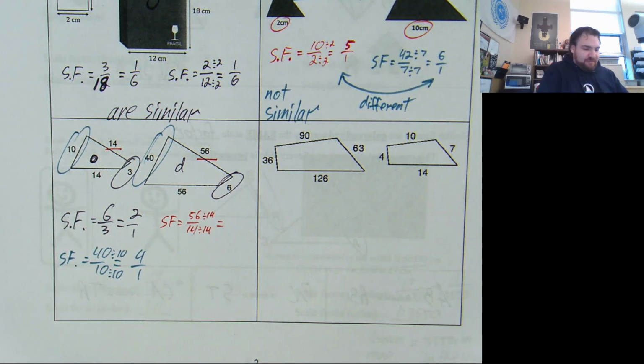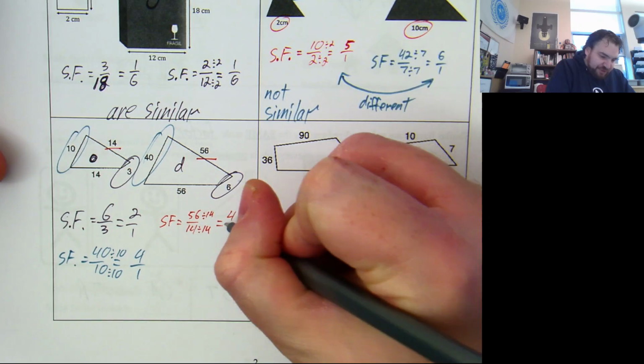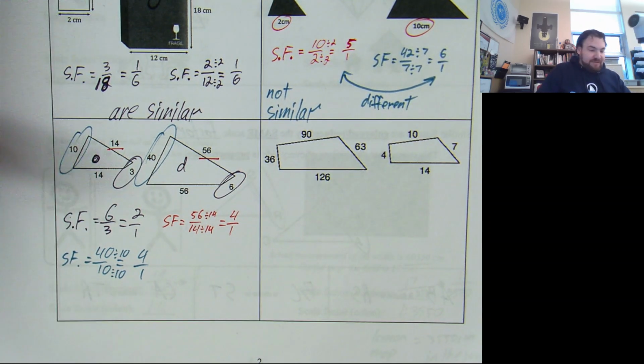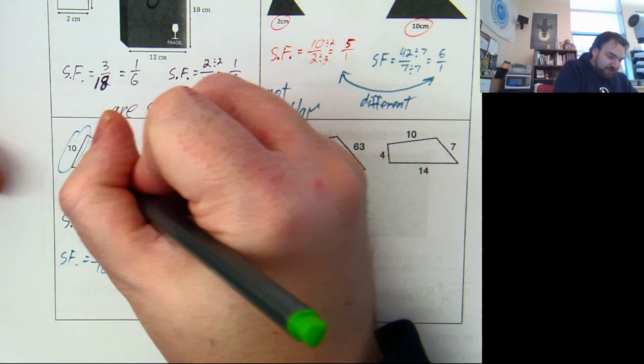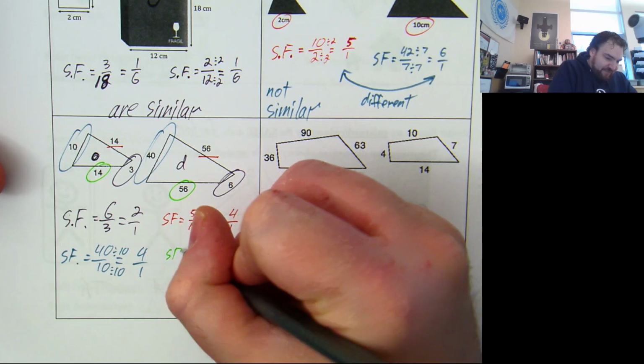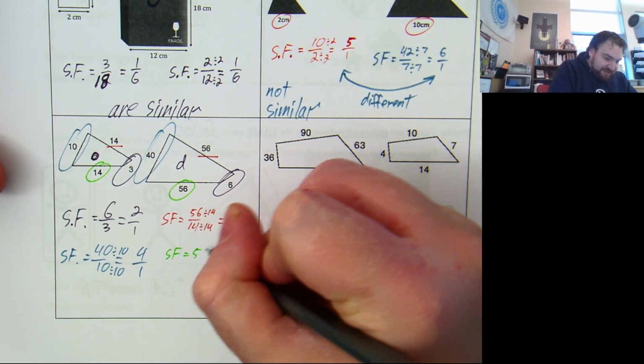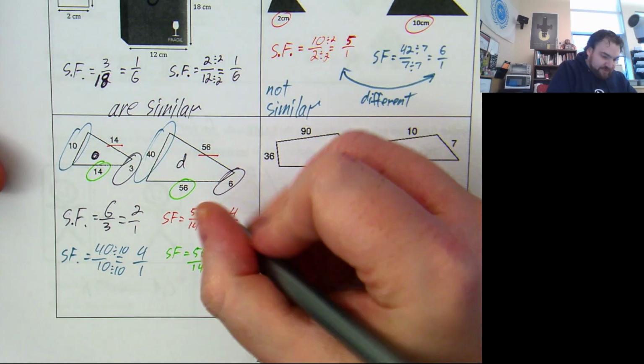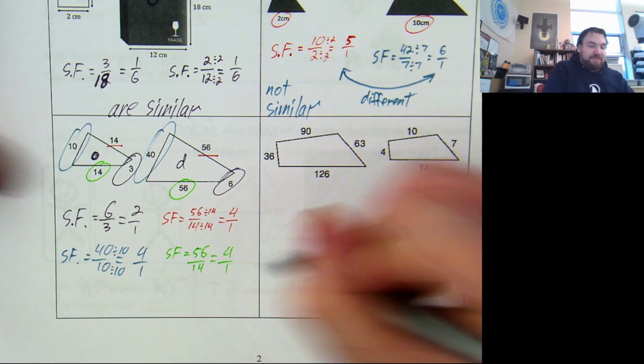It's 4. So this one's also going to be 4 over 1. So then let's check the last two. Well, that's the same. The scale factor there is also going to be 56 over 14. So that's also going to be 4 over 1.